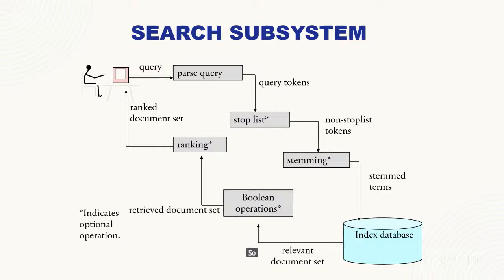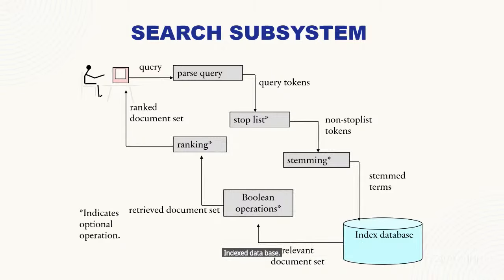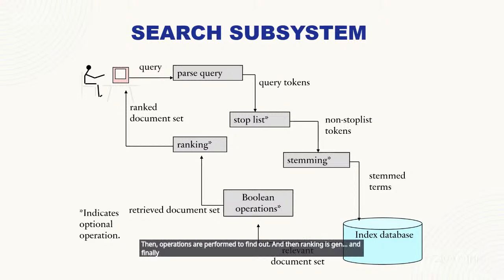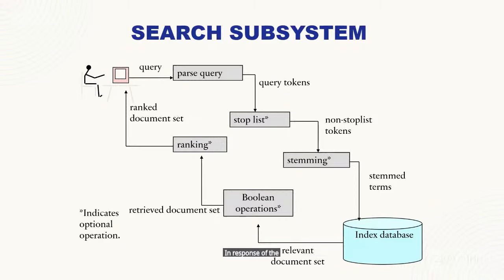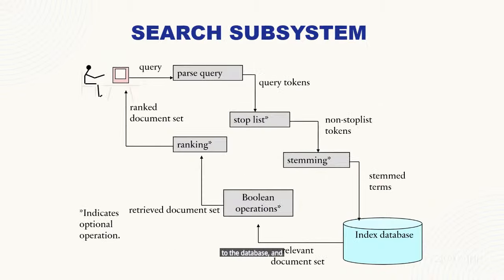All these are taken as tokens. Stemming is done and the stemmed terms are used to find the detail inside the indexed database. Then the relevant data set is taken. Then operations are performed, ranking is done, and finally the document set is given to the user in response to the query they have given. So this is how indexing is done to the database, and the data is taken from the subsystem.